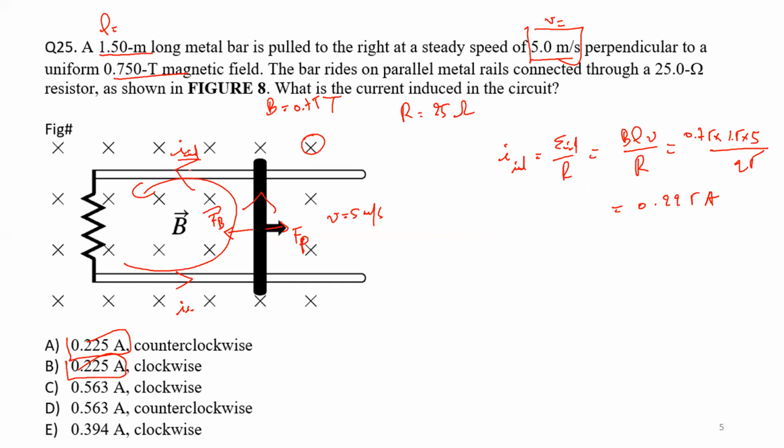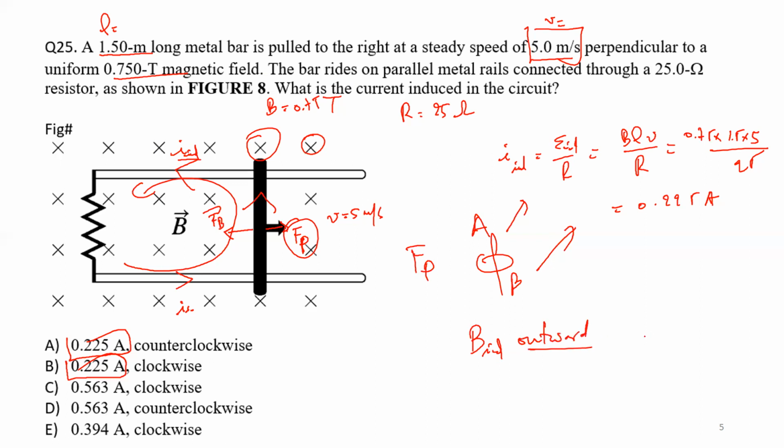The other way to look at it is that my F applied is increasing the flux, because it's increasing the area. You see, the area is increasing, so they're increasing the flux. Don't forget that the magnetic field is inward. Now, Lenz's law is telling you that my B induced will oppose the change in flux. So B induced should be outward.